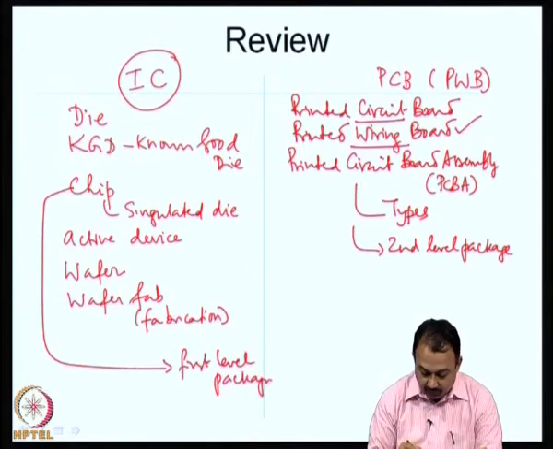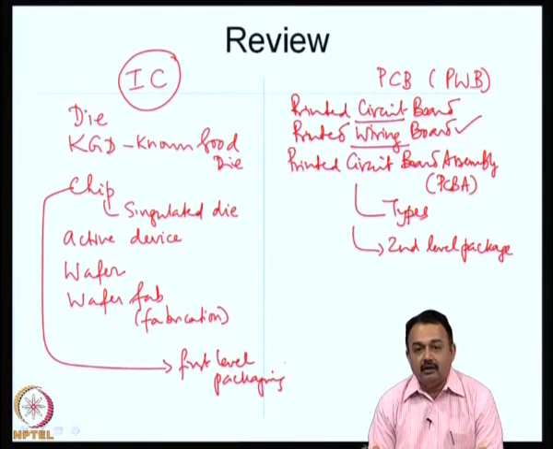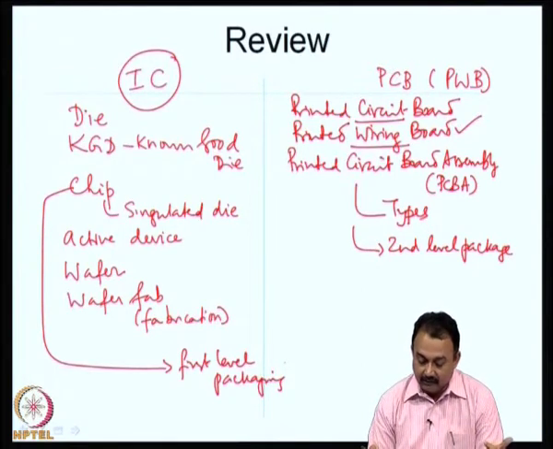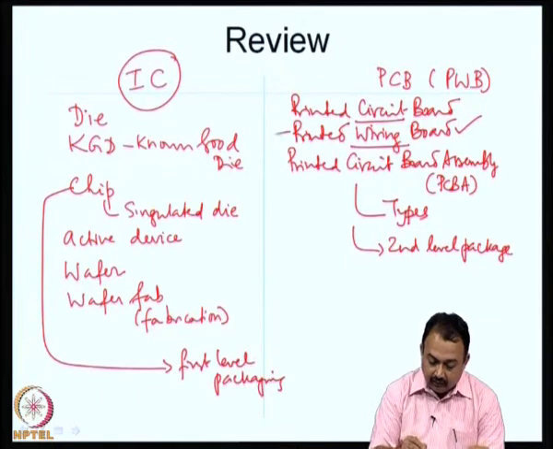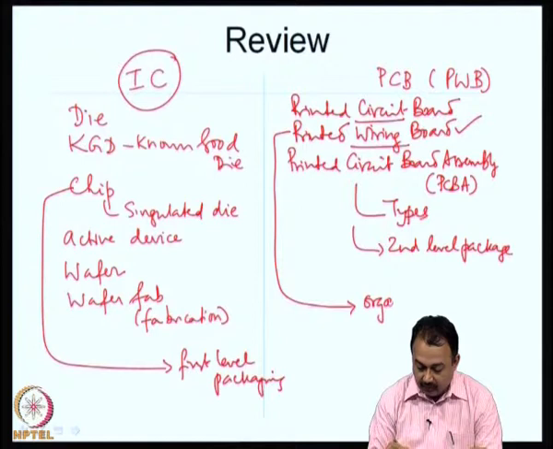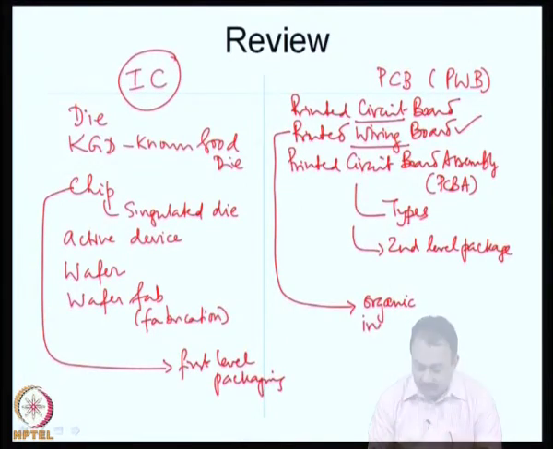So, now our focus is simultaneously on two levels, the first level packaging and the second level packaging. Then I might also use the term organic to denote a different type of printed wiring board, and an inorganic substrate, typically a ceramic substrate, will be used. So, you will be slowly introduced into these types of terminologies from now on. Okay. You can also call this plastic.